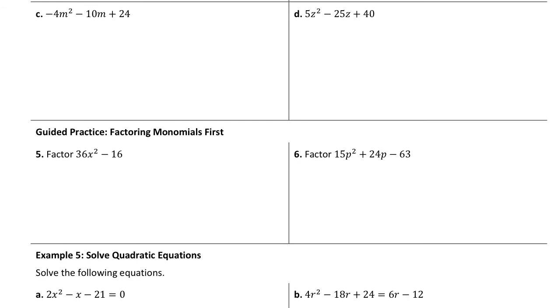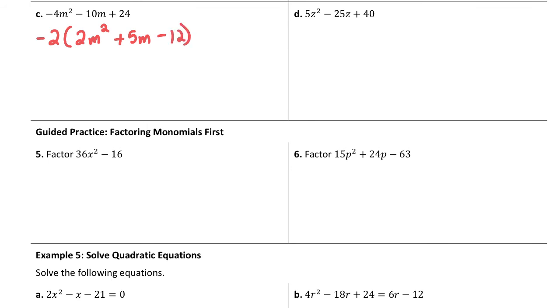Part C, if I look closely, I can factor out a negative 4, or sorry, not negative 4, negative 2 from each term. Sorry, 4 doesn't fit into 10. So if I factor out a negative 2 from each term, what's left is 2m squared plus 5m minus 12.